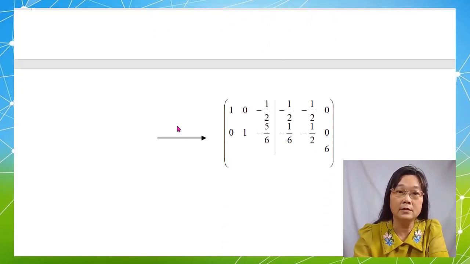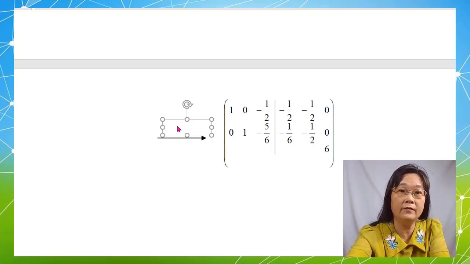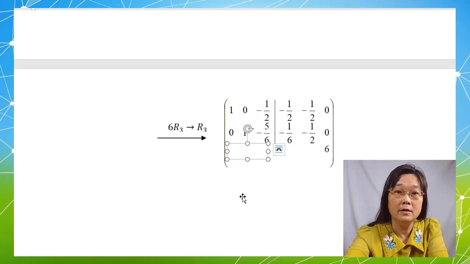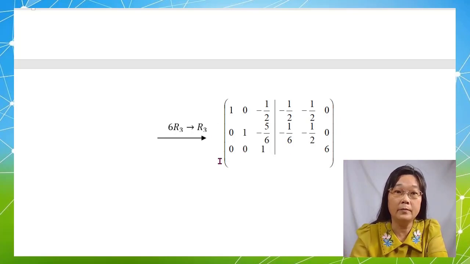So means the suitable operation for this is we multiply all the elements in row 3 with positive 6. So when we multiply all the elements in row 3 with positive 6, then we get this one.